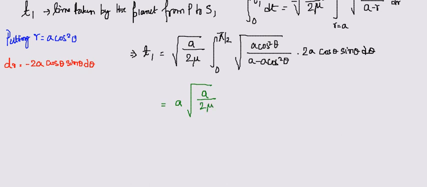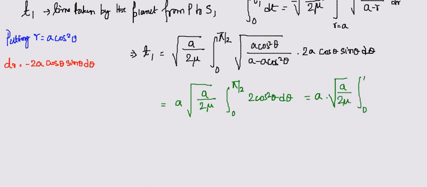So this is going to be 0 to pi by 2, it will be 2 cos square theta d theta, then root over a by 2 mu, okay, integral 0 to pi by 2 1 plus cos 2 theta d theta, right?